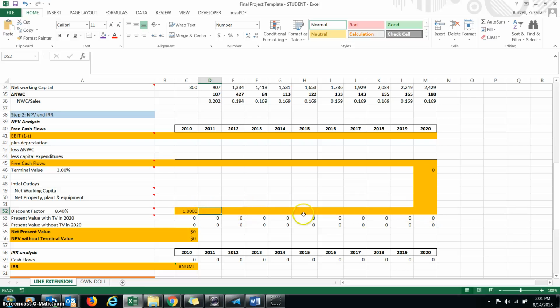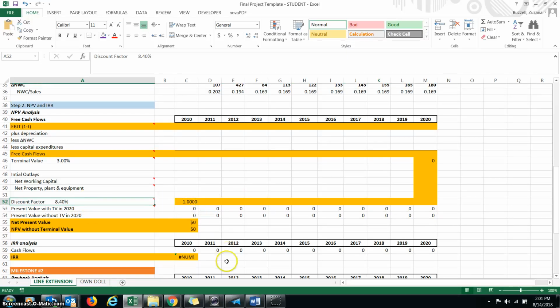It's almost like if you're saving for retirement and your money loses power as you go forward in age, right? Due to inflation, due to overpricing of products, etc. So that's why you need to discount the 8.4, okay, the factor.